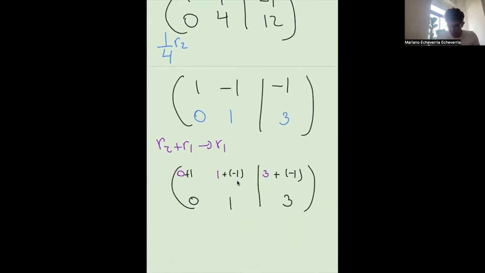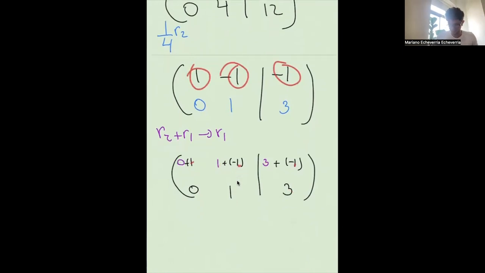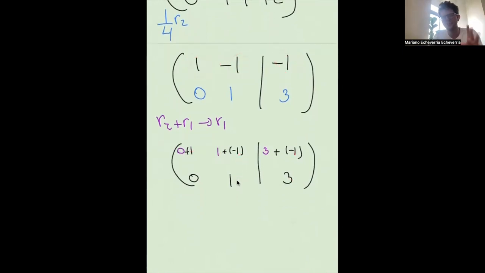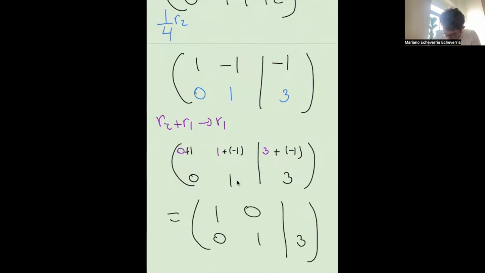I'm taking the numbers of the second row, which are 0, 1, 3, and adding them to the numbers of the first row, 1, -1, -1. In practice, you usually wouldn't do this step, but I'm just showing everything right now so that you can see it. And so you get what? You get 0, 1, 3 at the bottom, and then you get 1, 0, 2. Is that making sense?